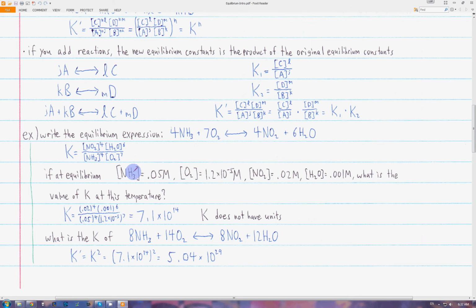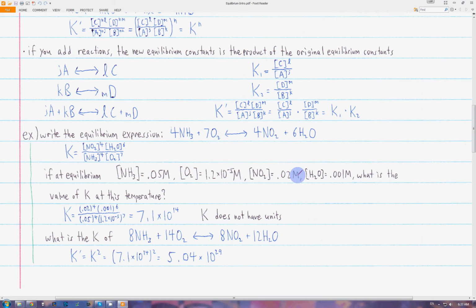So if we have these equilibrium concentrations, NH3 is 0.05 molar, O2 is 1.2 times 10 to the negative 5th molar, NO2 is 0.02 molar, and H2O is 0.001 molar. These numbers represent the concentrations of each species after this reaction has already reached equilibrium.